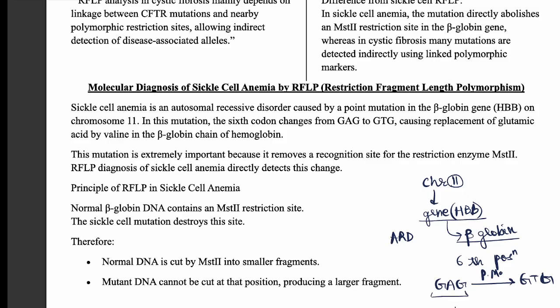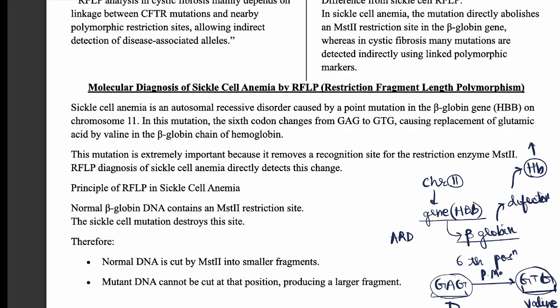So earlier it was coding for glutamic acid, but now it is coding for valine. So here the difference comes. Because it is coding for valine, this beta globin chain becomes defective, and because of that the hemoglobin also becomes defective, and the RBCs will look sickle shaped.